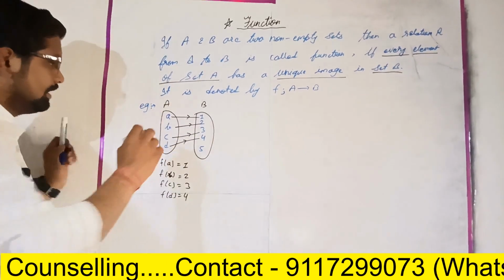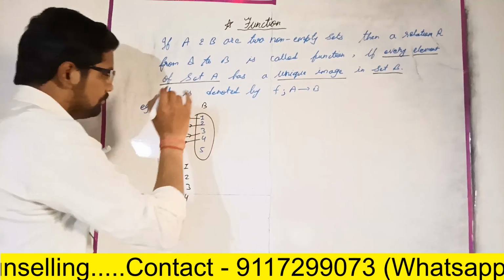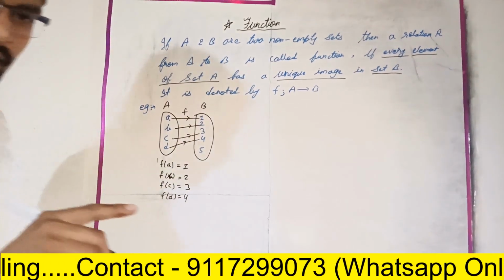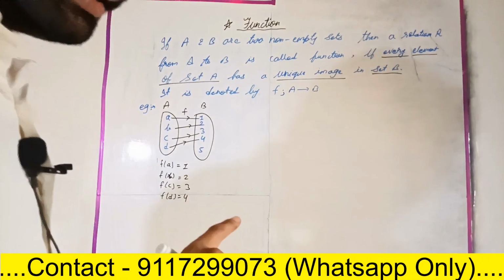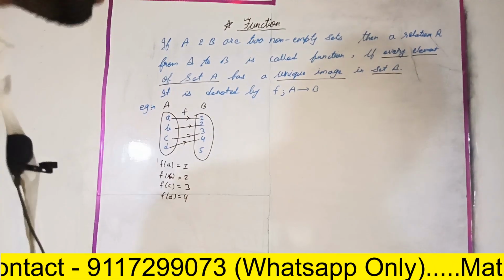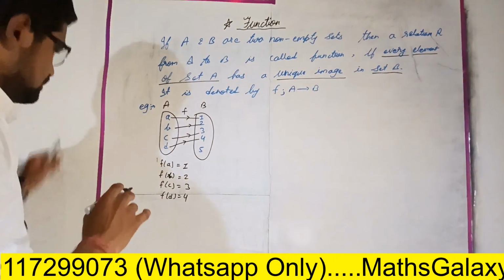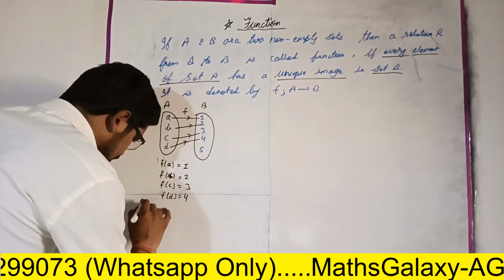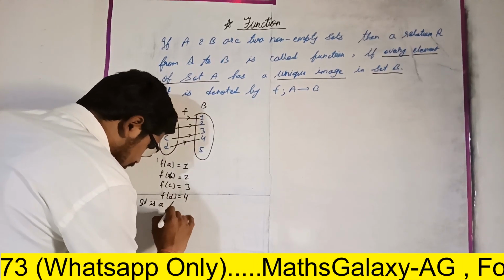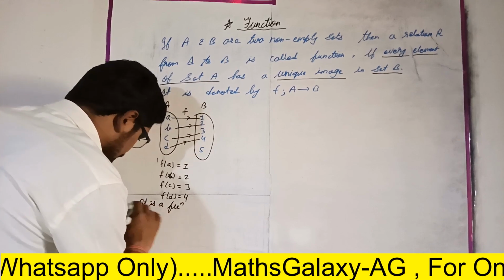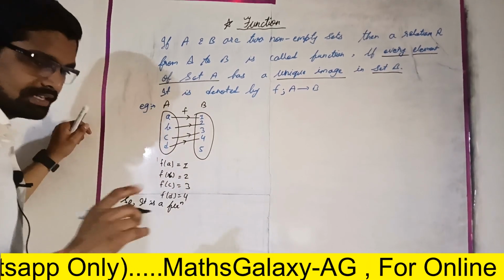So we can say that yes, this will be a function. Now we will find the domain, range and codomain for this function. First we will say that it is a function.